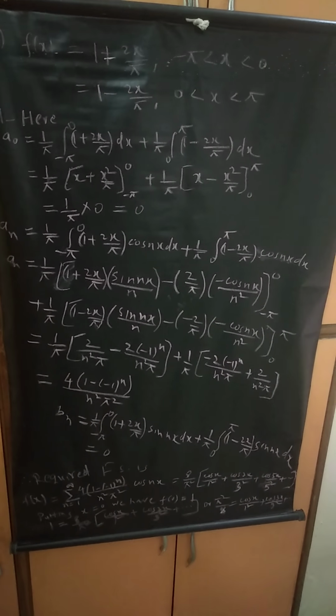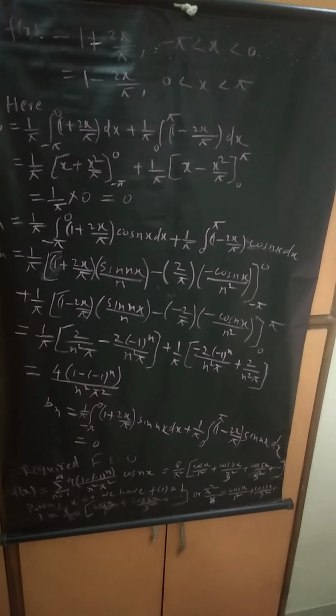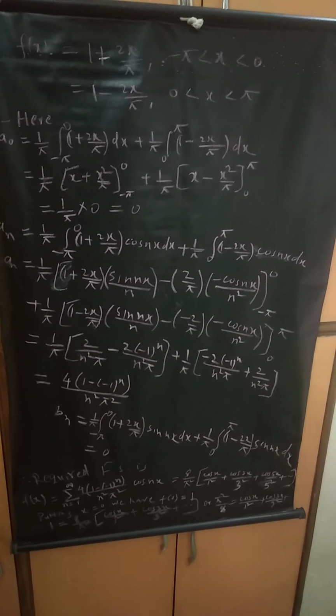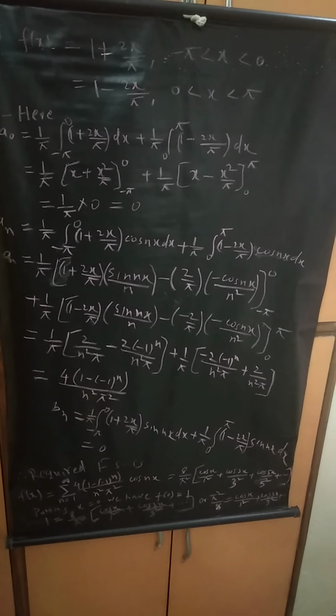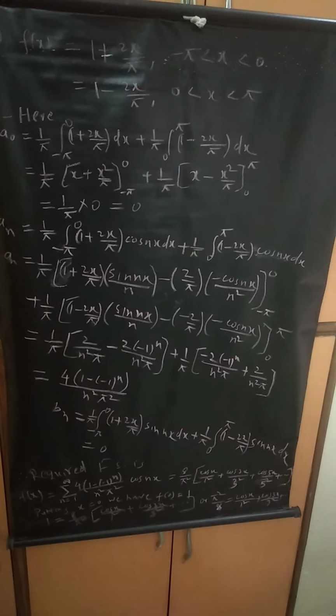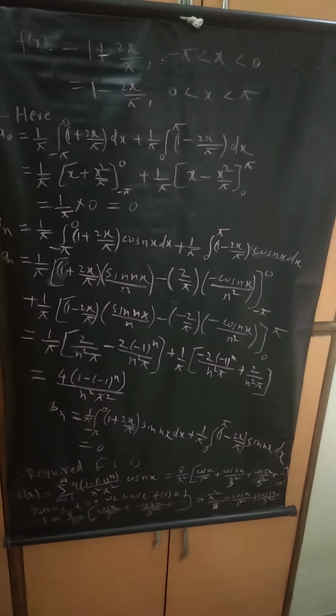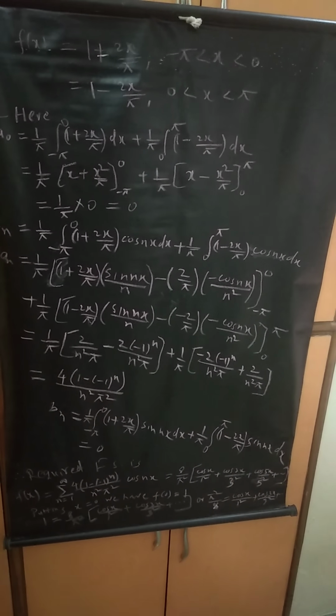And for the second one, that is 0 and pi, plus 1 upon pi minus 2 into bracket minus 1 raised to n divided by n square pi plus 2 upon n square pi.